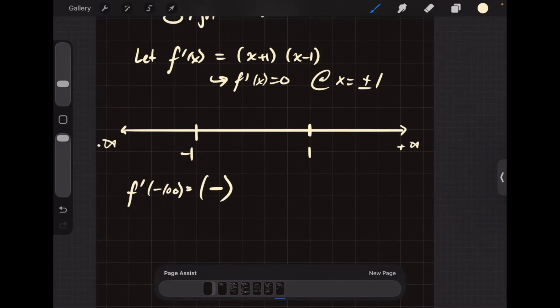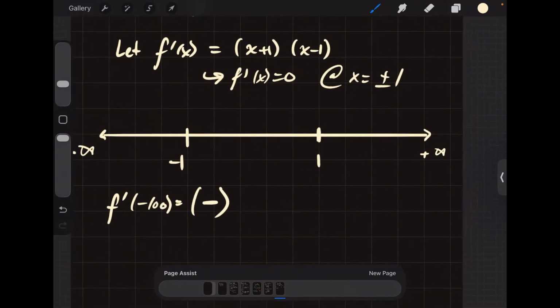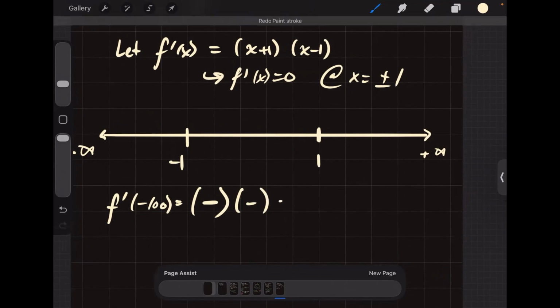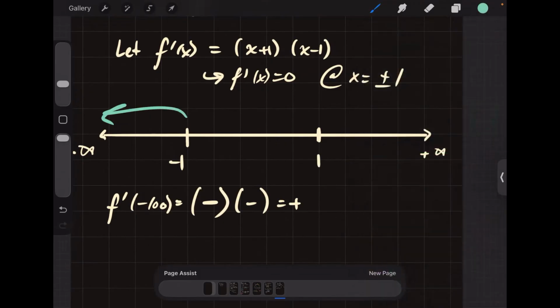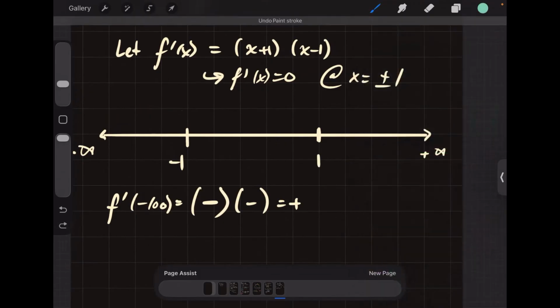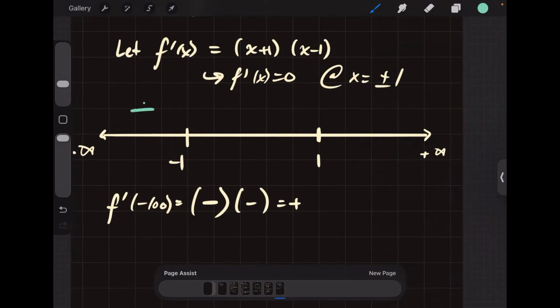I don't actually care what this number is. Negative 100 minus 1 is definitely going to be a negative number. A negative times a negative is a positive. So I know that beyond here, your function is going to be increasing because its derivative is positive.